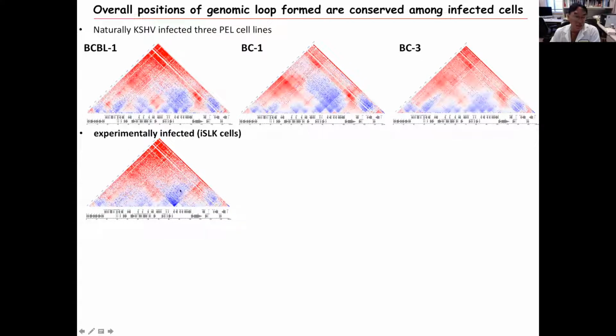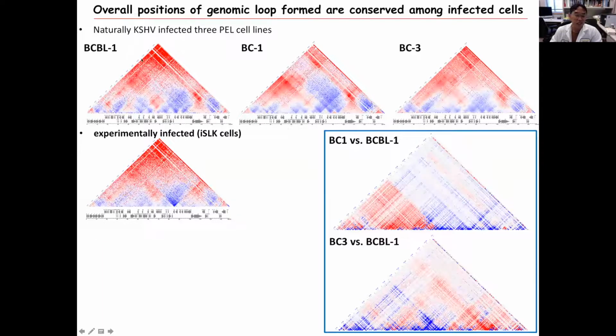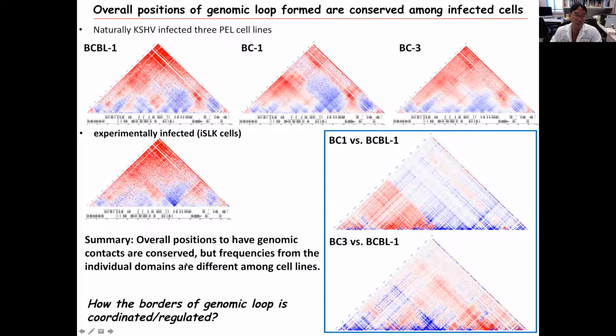And here is showing the experimentally infected cell. But when we directly compare between these two cell lines, we start to see differences. This suggests that the overall positions of genomic contact are conserved, but the frequency in different domains is different among the cell lines.